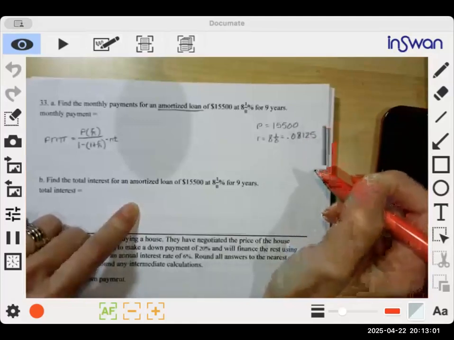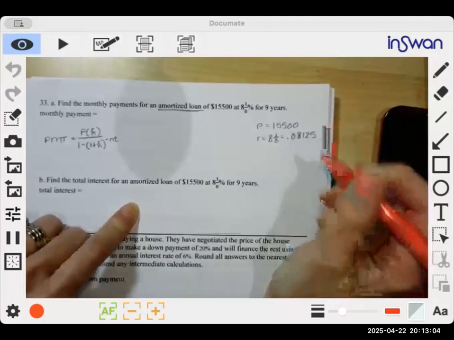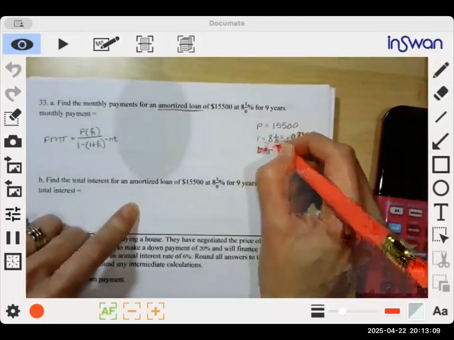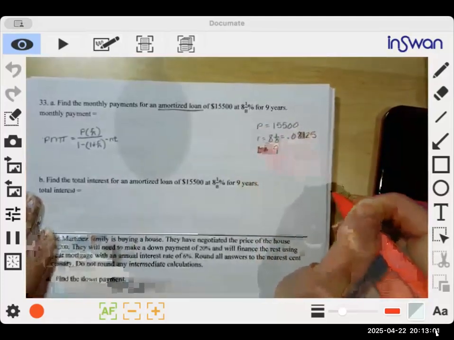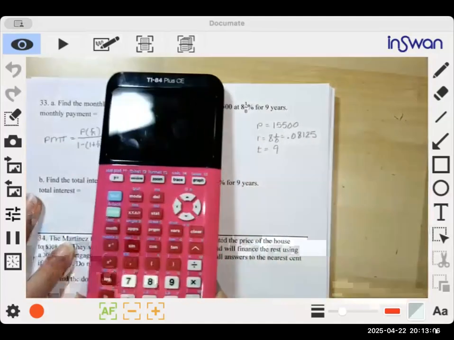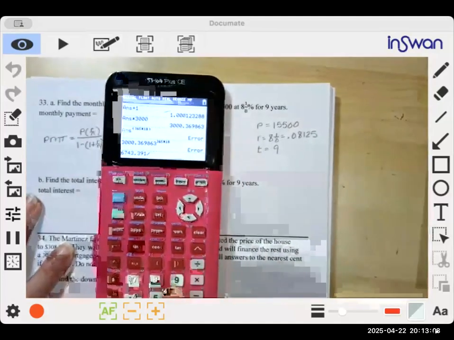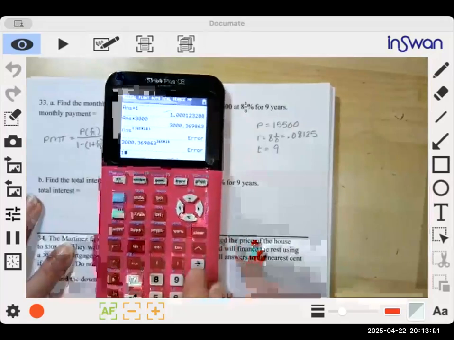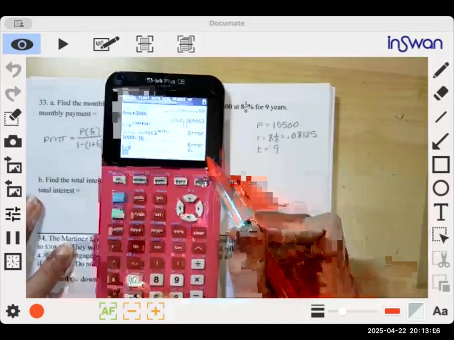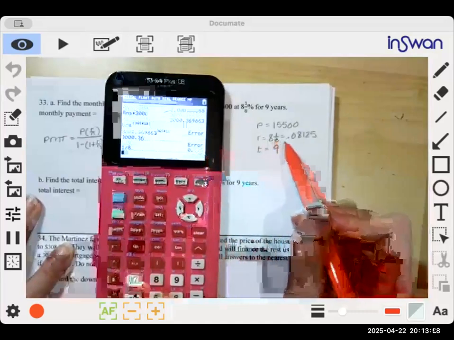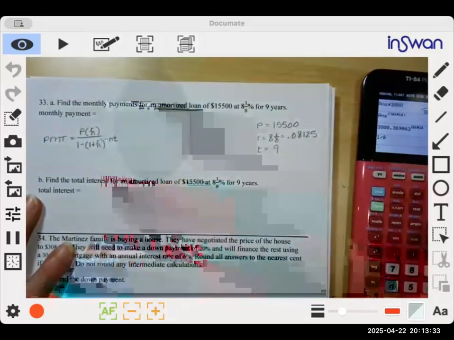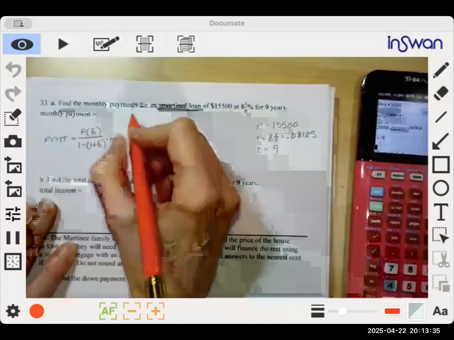So I've got my principal, I've got my rate, and my time is 9 years. Are you guys okay with where that's coming from? If I do 1 divided by 8, that gives me 0.125. So it's 8.125, and then I move the decimal point over 2 times. Okay, so now we plug the numbers in.